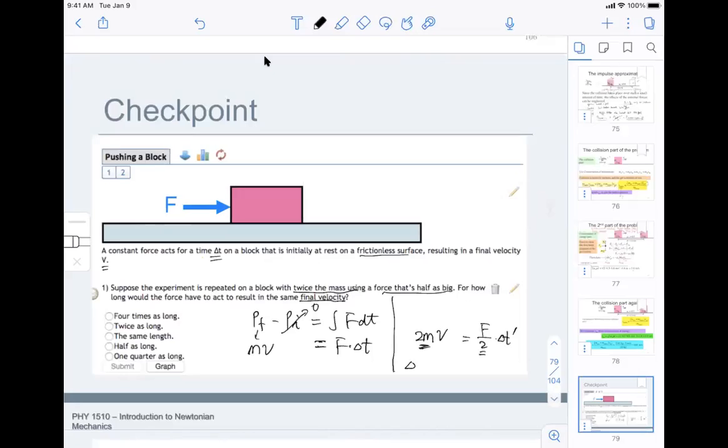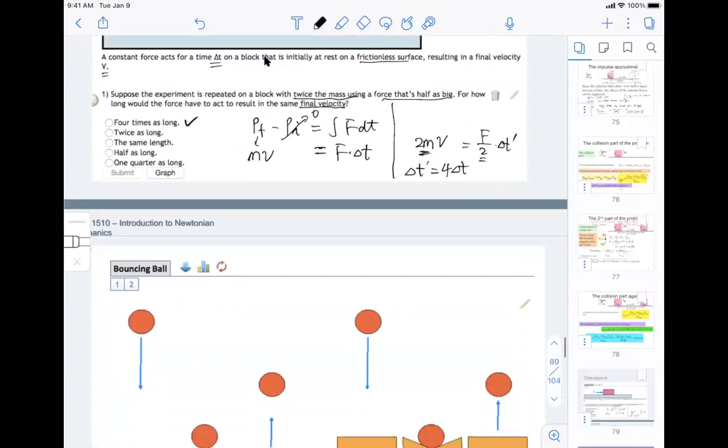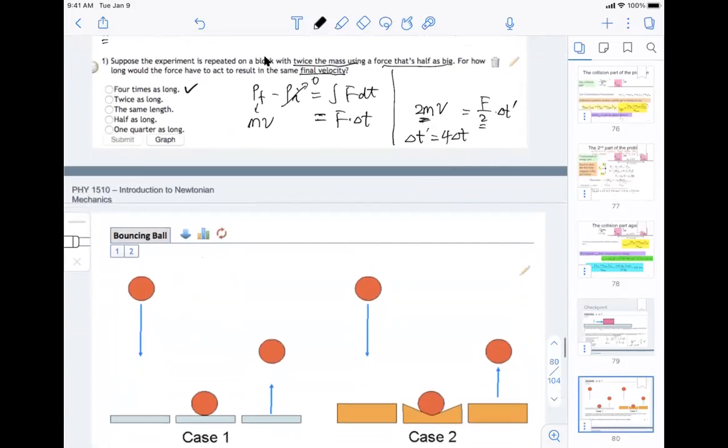So you can see delta t prime is going to be 4 times delta t. You need 4 times as long in order to achieve the same effect, right? So A is correct, okay? It's a direct application of your momentum impulse theorem, or you can call it conservation of momentum.